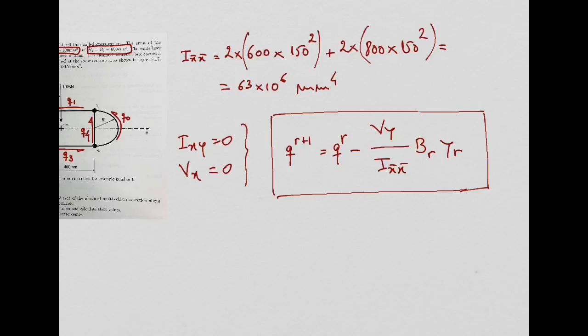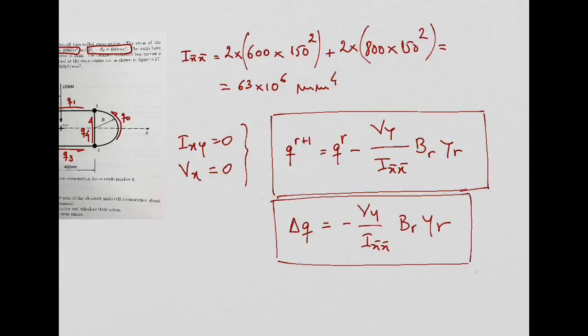So basically, if you send QR to the left-hand side, you can say the variation in the shear flow is going to be given by this equation, right? Or the change in the shear flow when we cross the boom, this delta Q, is going to be given by this equation.